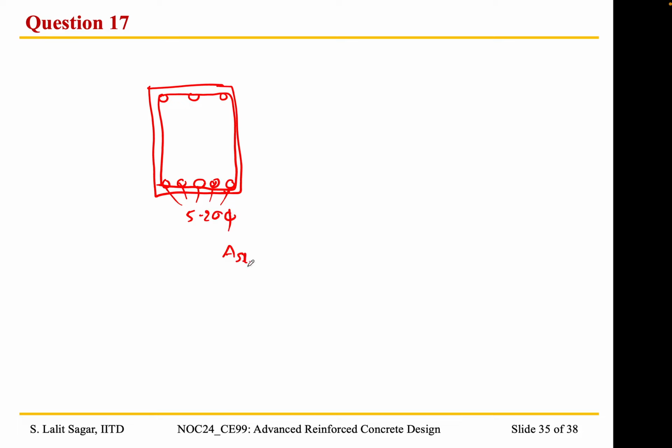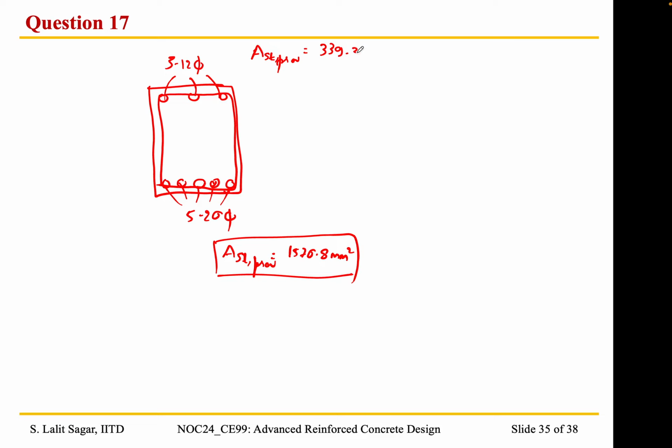So here AST provided is 1570.8 mm square, and here I have provided 3 bars of 12 mm diameter. This AST provided is required because we need it to calculate the shear resistance provided by the concrete. So this is the longitudinal reinforcement.